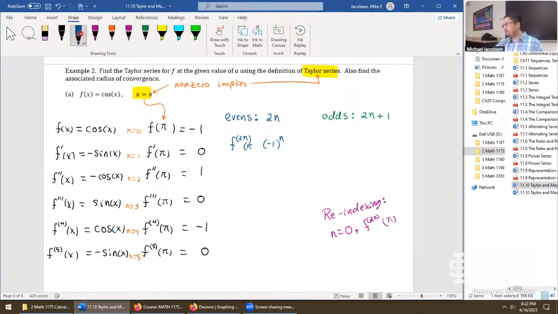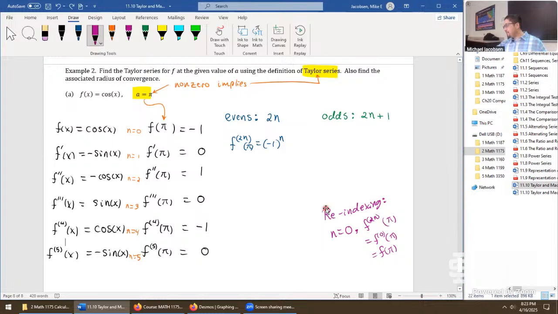F at 2n, don't forget we want to put in the center pi on that one as well, is going to become f at 0 at pi, which is just a complicated way to say f at pi, which is -1.